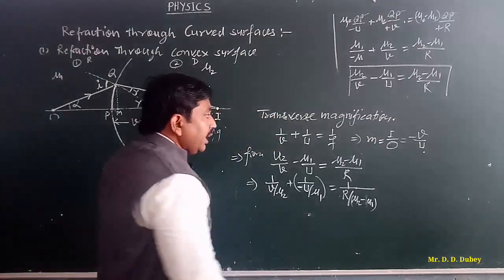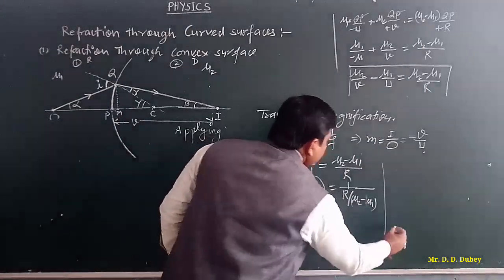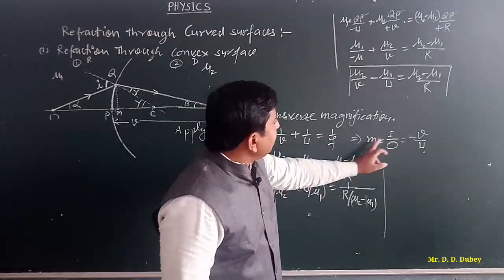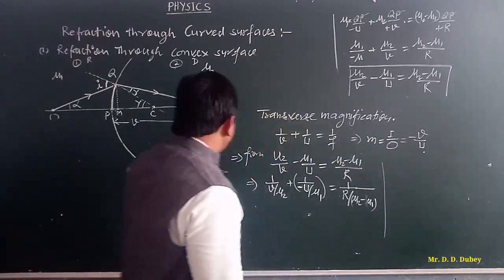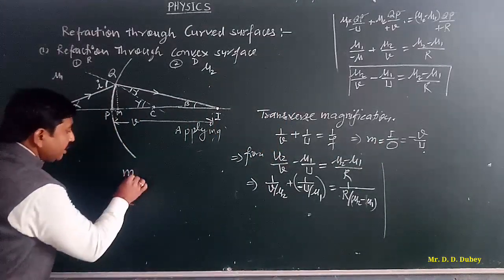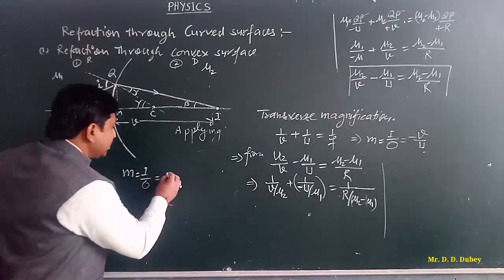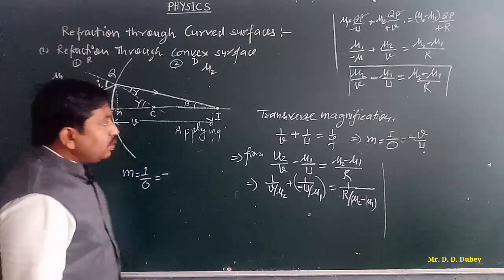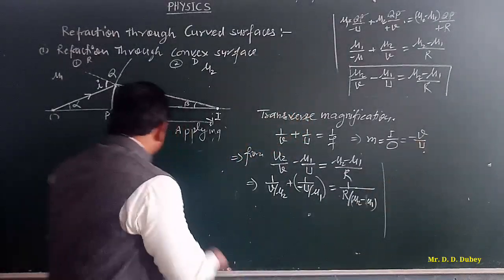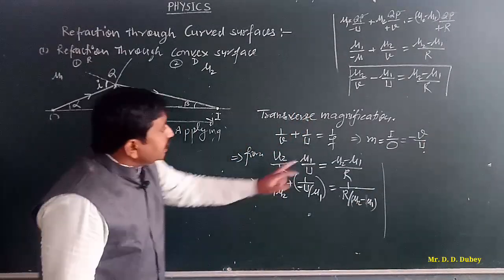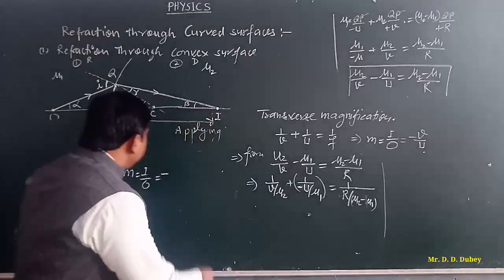So if we write the formula for magnification, M is equal to I by O, height of image to the height of object, that is equal to minus v by u. What is the value of v? V means v by mu2.